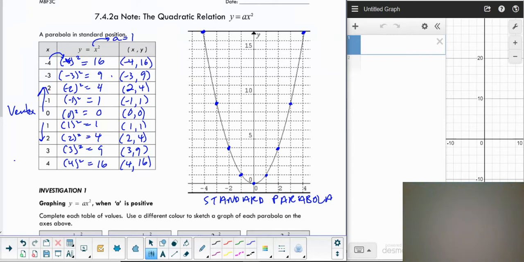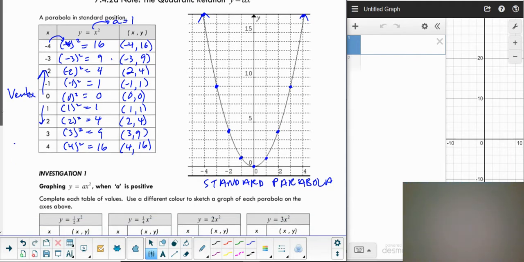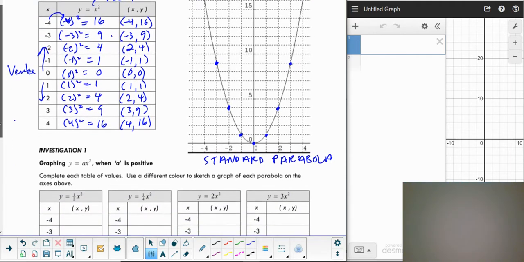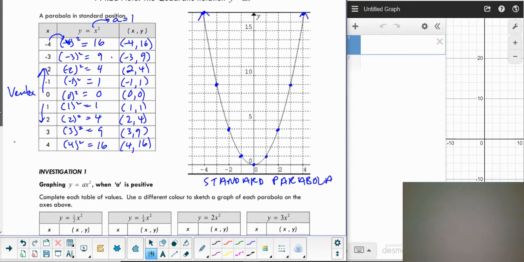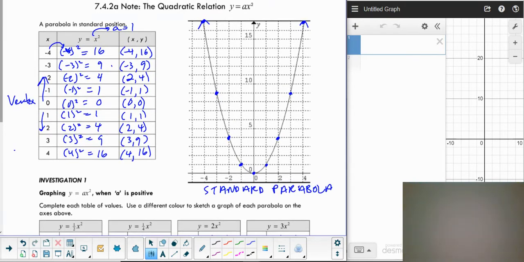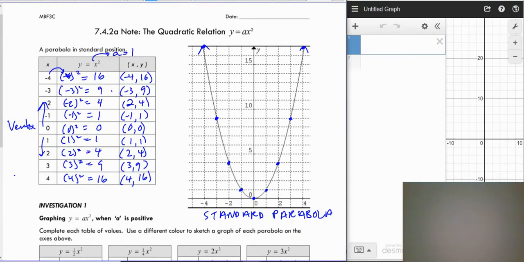It forms the standard parabola in which all other parabolas are compared to. Sometimes we put, by the way, arrows at the top to show that. I'm just going to make a slight change to the screen here. Okay, good.